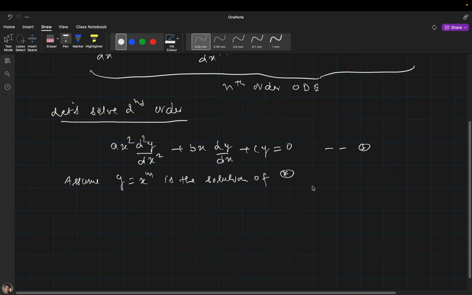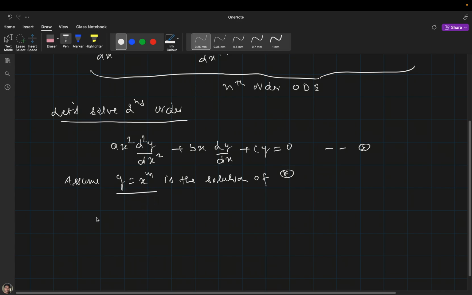In that, what did we assume? Can you tell me what kind of solution we assumed in the constant coefficient second order ODE, then we found the solution? e to the power mx. Yes. But here we will assume y equal to x raised to the power m.